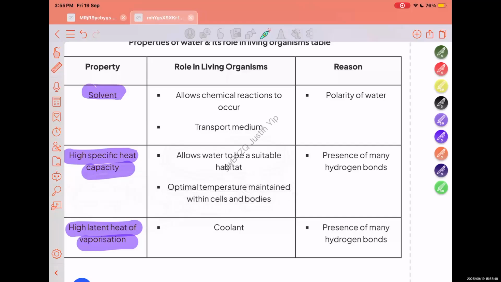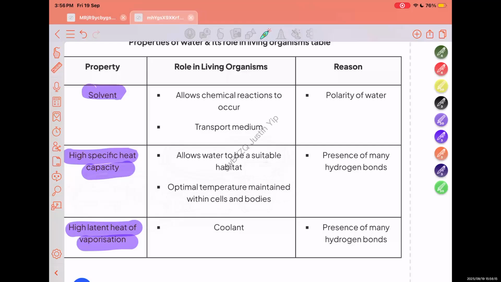So imagine why water has high specific heat capacity. For example, the sea is almost all water, but when the sun shines on it, why doesn't the whole sea boil? Because it has a very high specific heat capacity.